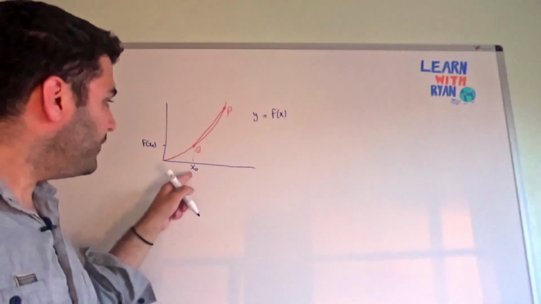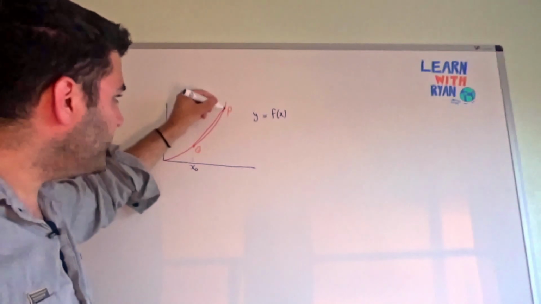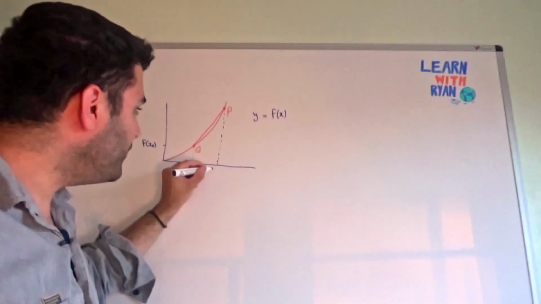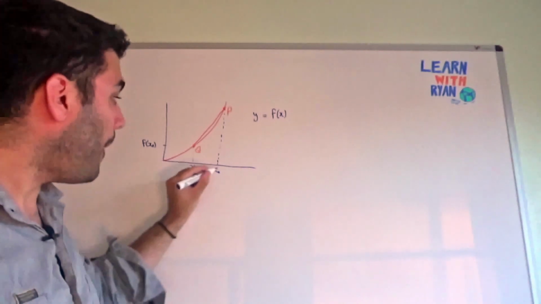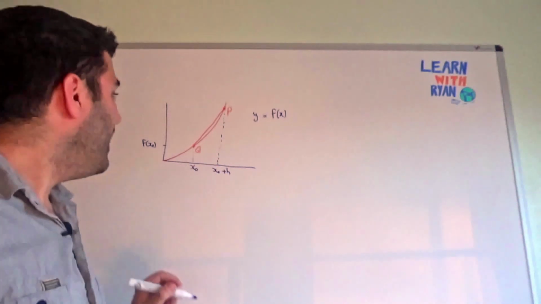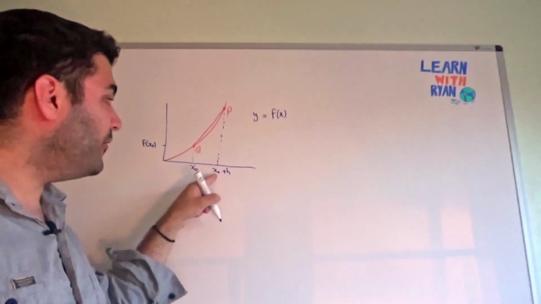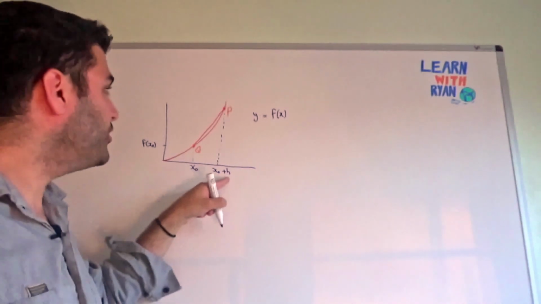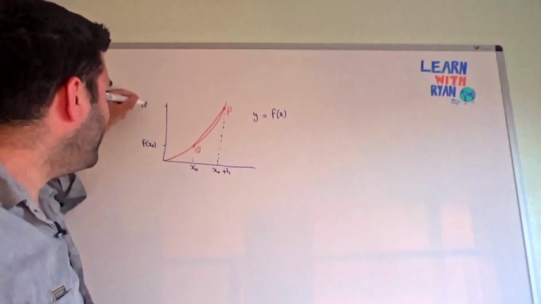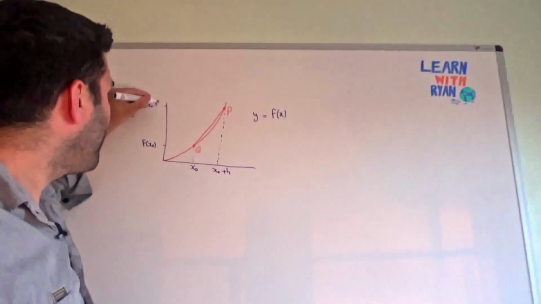If we've moved a distance of h units, the x coordinate of P is therefore going to be x naught plus h. And therefore if the x coordinate of P is x naught plus h, the y coordinate of P is going to be f of x naught plus h.